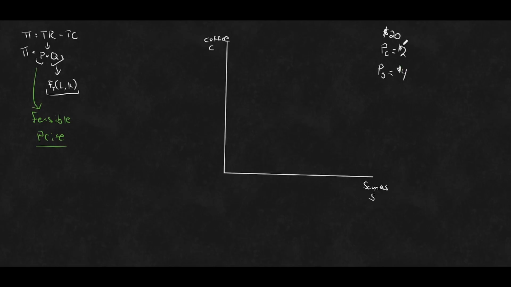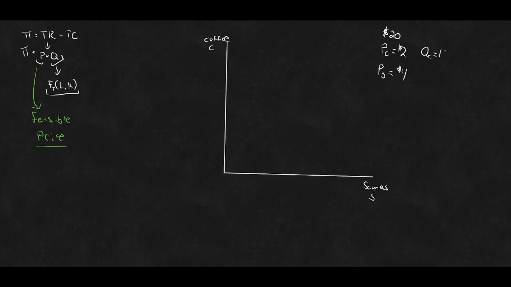In creating our budget constraint, one of the first things we want to take a look at is, well, how much coffee could I consume if I put that entire $20 just into coffee? Well, if I only bought coffee, the quantity of coffee that I could have would be 20 divided by 2. I could buy 10 cups of coffee.